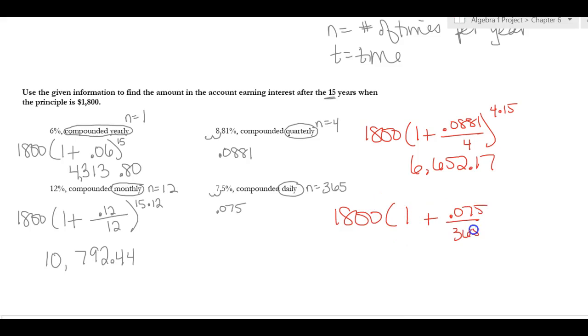Divide by 365 and then raise to the 15 times 365. And so you get $5,543.75.